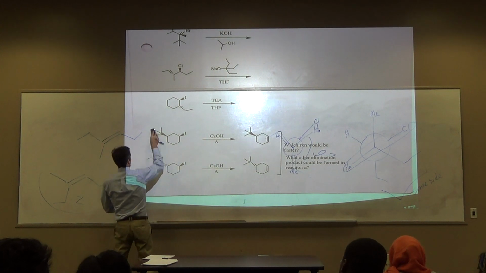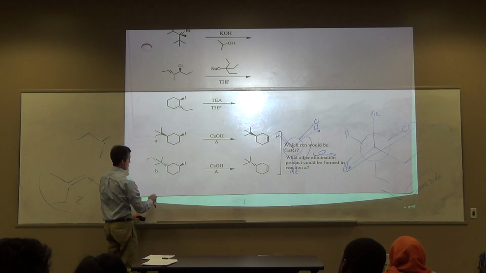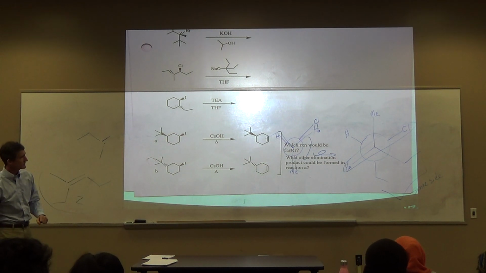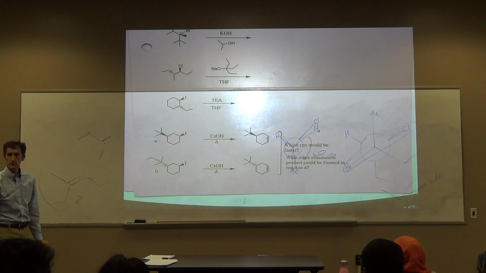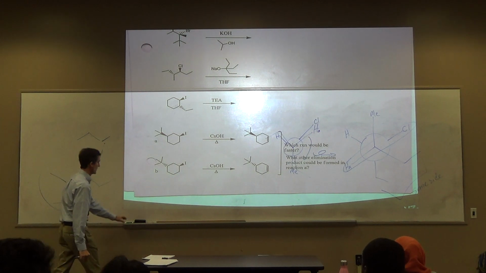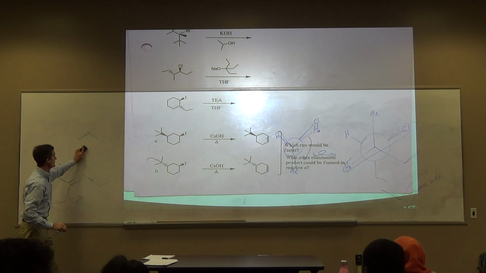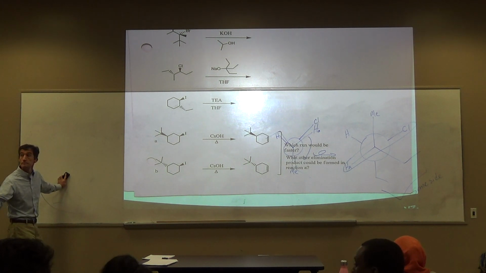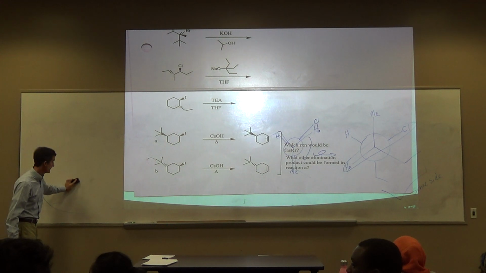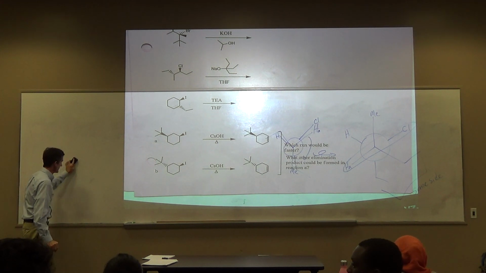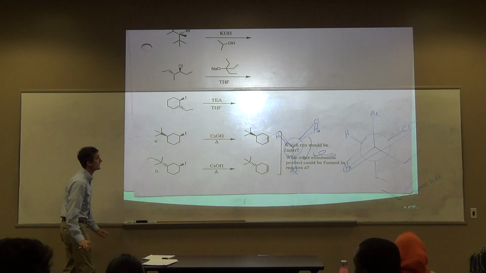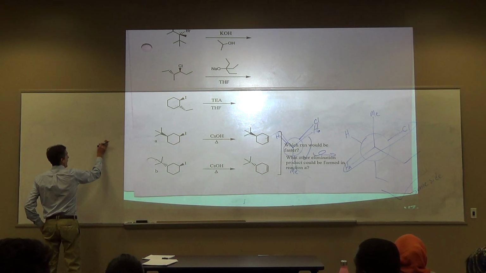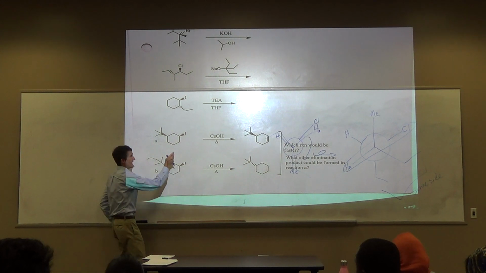Which would be the fastest reaction down here? We've got hydroxide and we've got the stereoisomers. Which one will give the elimination product faster? Anybody come up with a rationale here? Why the first one? Okay, what do we know about the iodine, the leaving group?